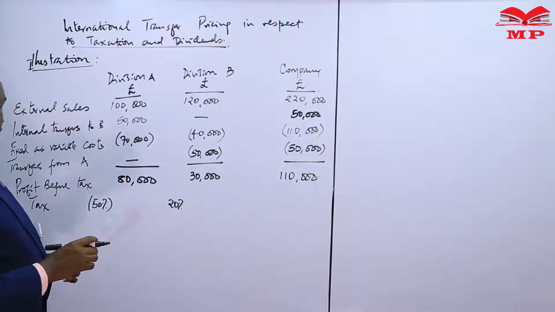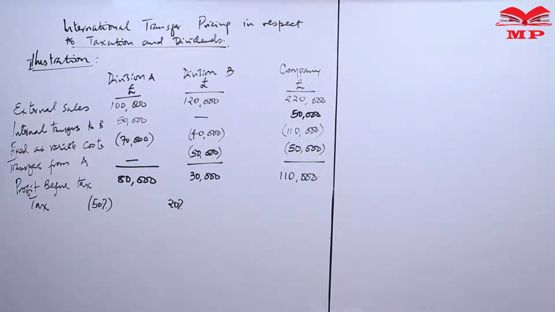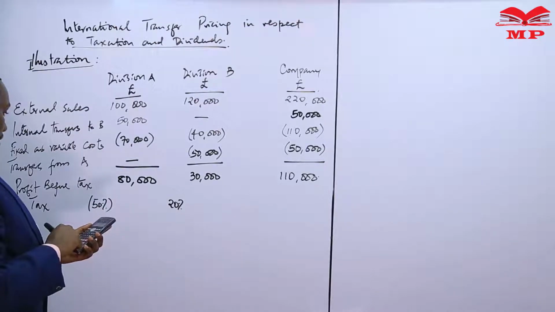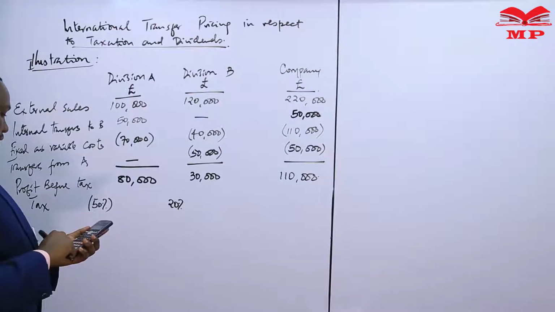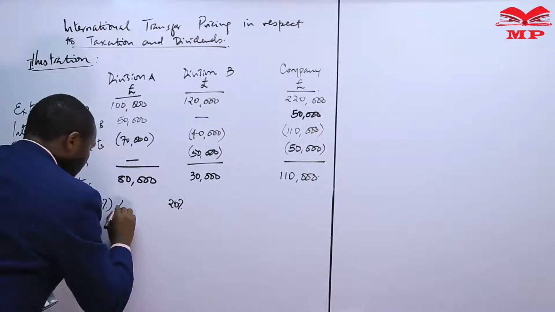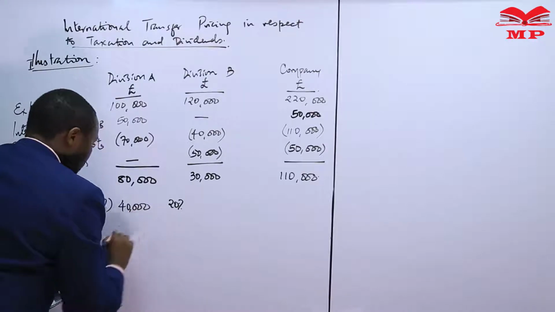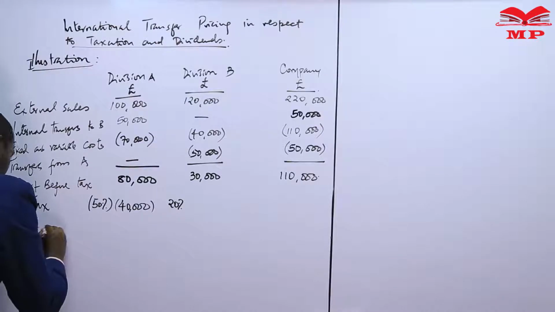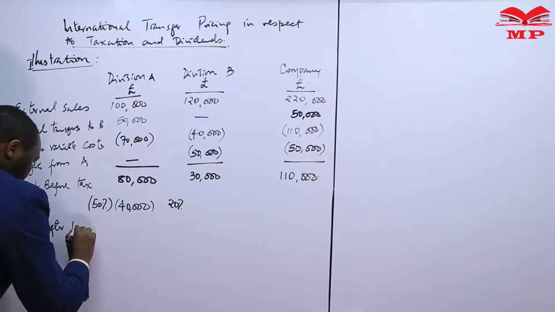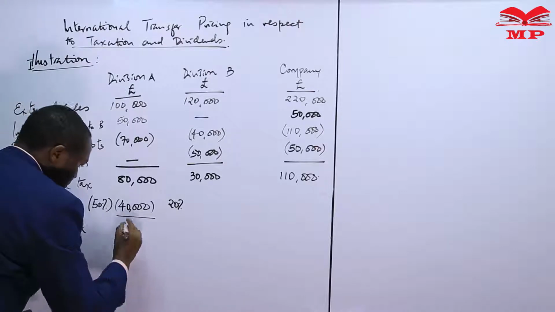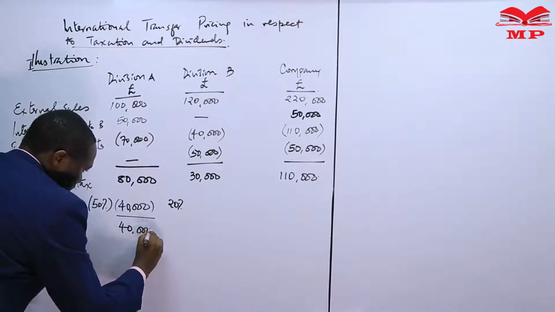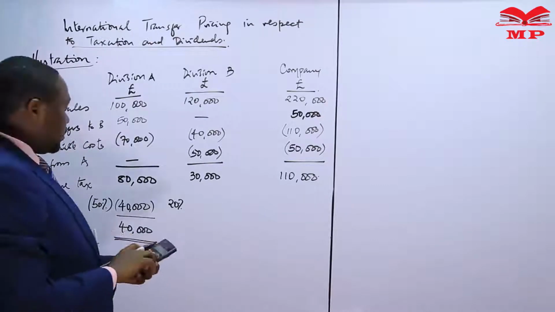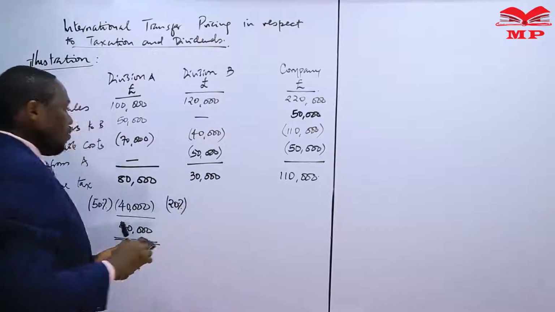And therefore, we can get the tax in pounds value. So we say 80 times 50% is 40,000. So we have the profit after tax, 40,000 total for Division A. So what is 20% of 30,000?